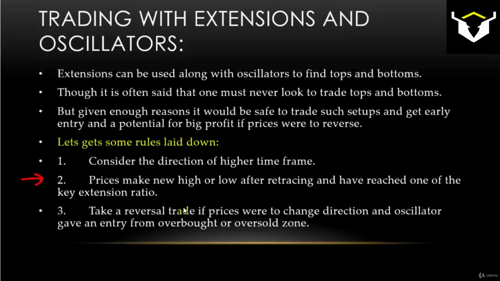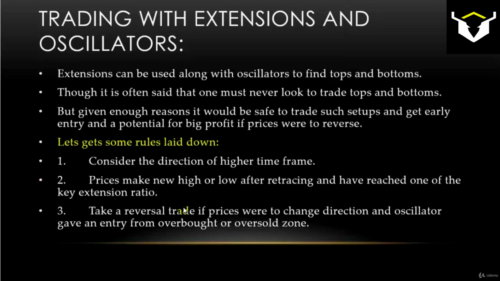Prices make a new high or low after retracing and have reached one of the key extension ratios. So our second rule is that prices must make a new high or new low after retracing.